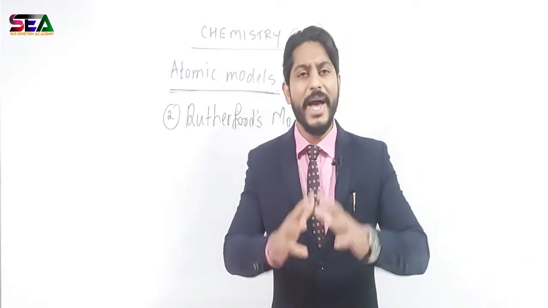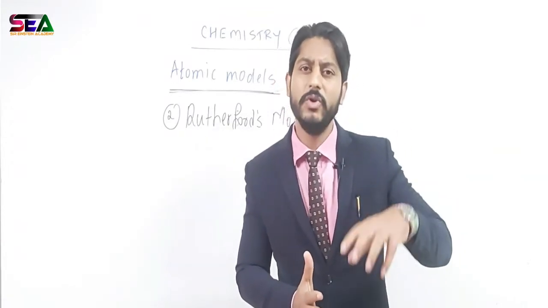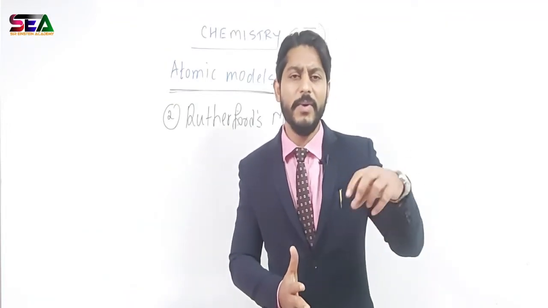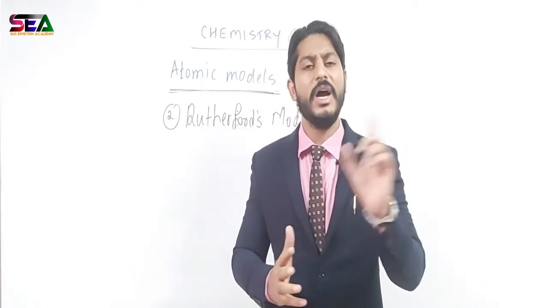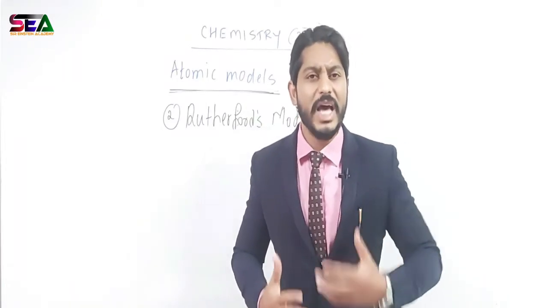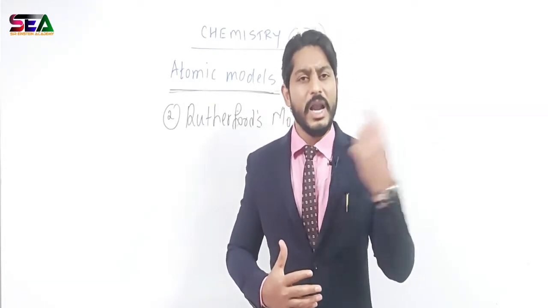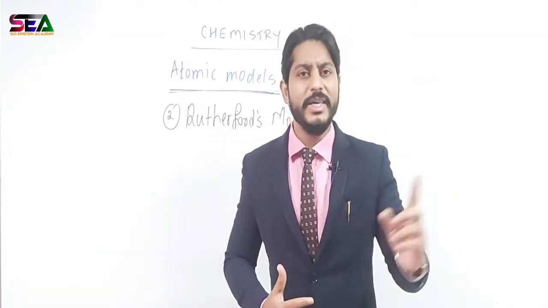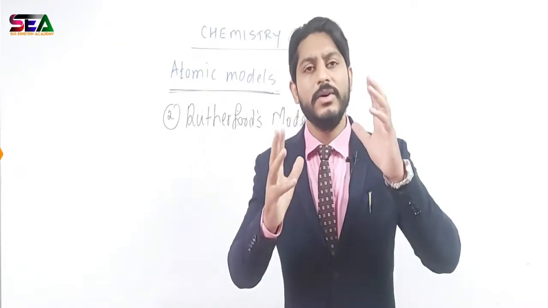However, Rutherford compared the concept of atom with the solar system, in which the centrally placed nucleus is considered as the sun, and the planets revolving around it are considered as electrons. So he stated that the electrons are revolving around the nucleus, which is obviously positively charged, in orbital paths, and this gave the model of Rutherford.